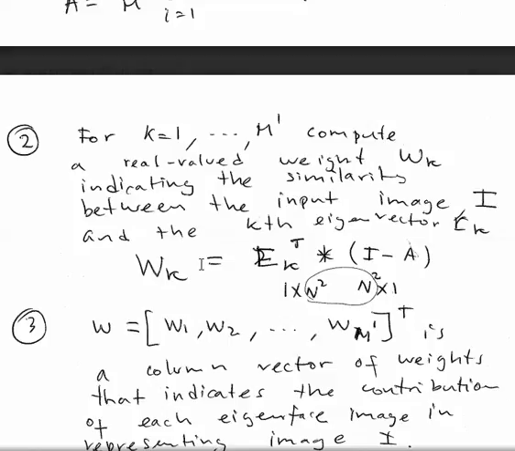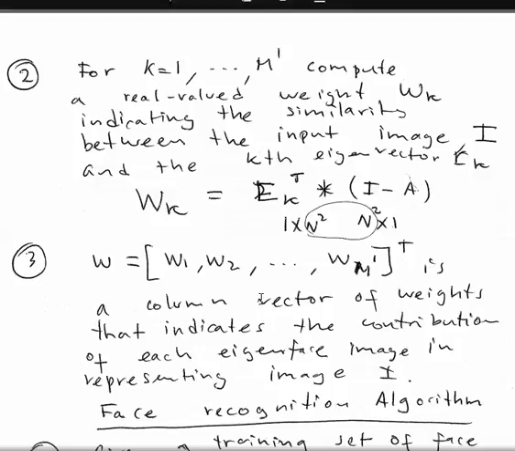This gives a number that says how similar the image is to each one of the eigenvectors. So we get the W's, which are the weights related to each one of the eigenvectors or eigenfaces. These are all the similarity measures of that face with respect to the other faces.